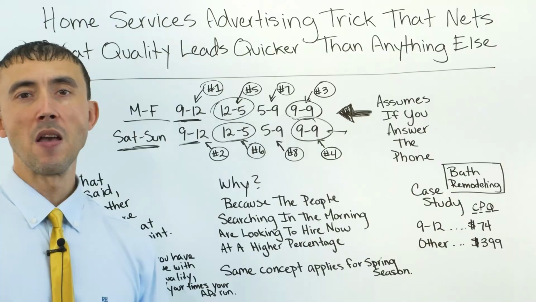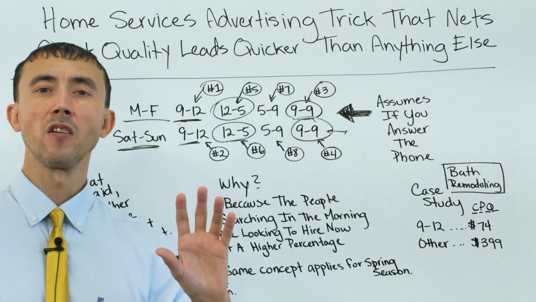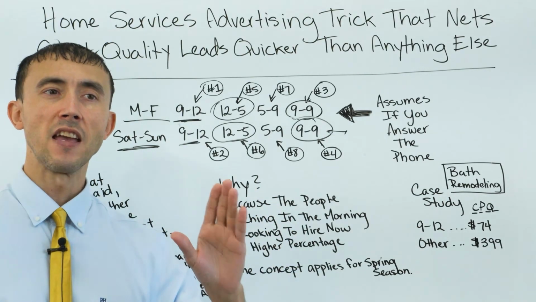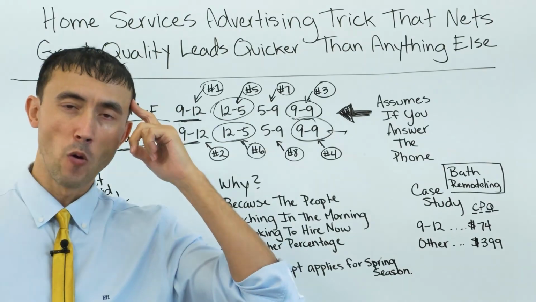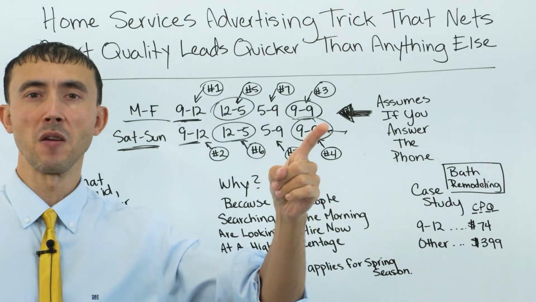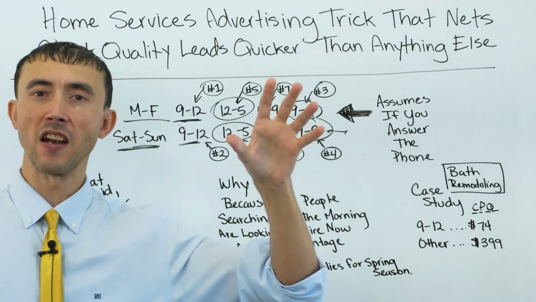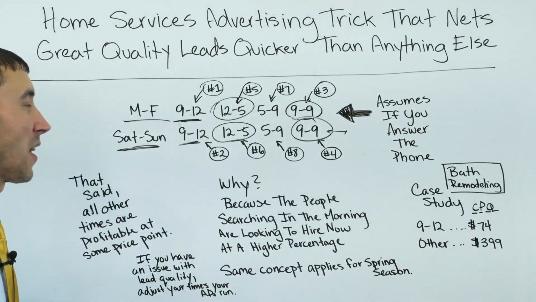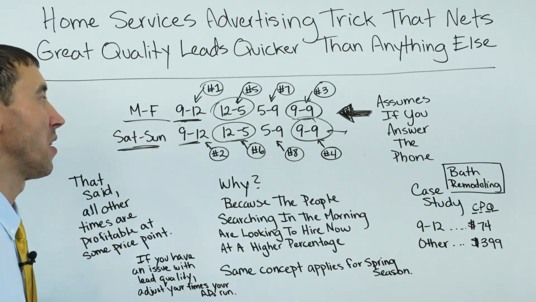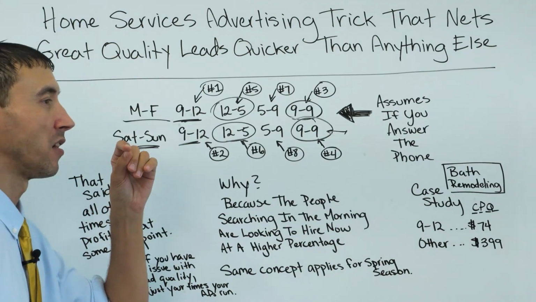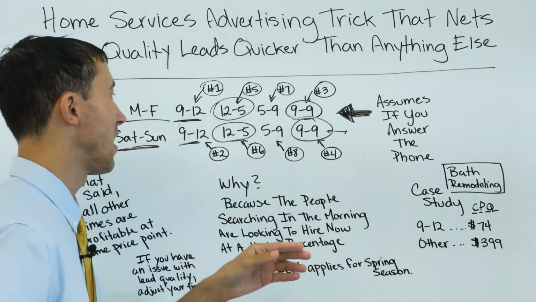Why? Because people that are calling Monday through Friday know in their mind for sure they're going to be able to do business with somebody on a Monday versus a Saturday. So you got an iffy lead there.